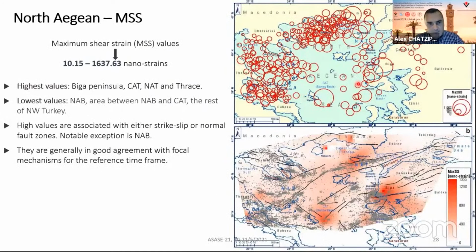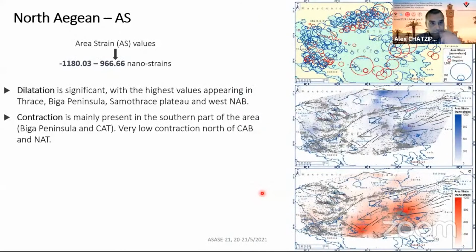The same again with maximum shear strain. It is concentrated in some well-known areas that we expected to have a shear strain. And again, there are some areas like here in Thrace or in central Greece where the shear strain is larger than expected, and probably due to local tectonic conditions.